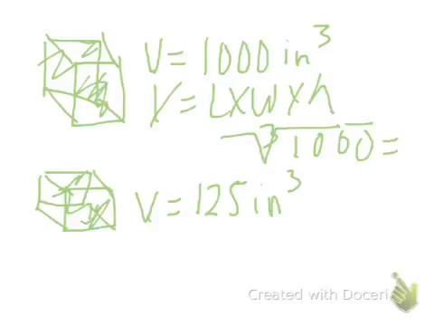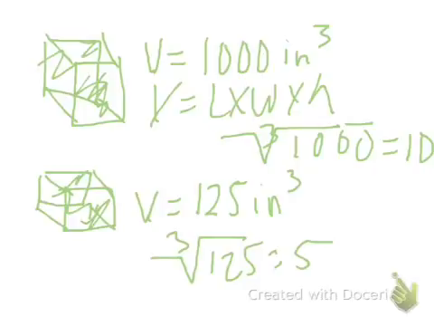The cube root of 1,000, we know is 10 because we worked on the flashcards last week. Now take the cube root of 125. That's one of those we already know from the flashcards. That gives me 5. So that lets me know that the side length of the first one is 10 inches and the side length of the second one is 5 inches.